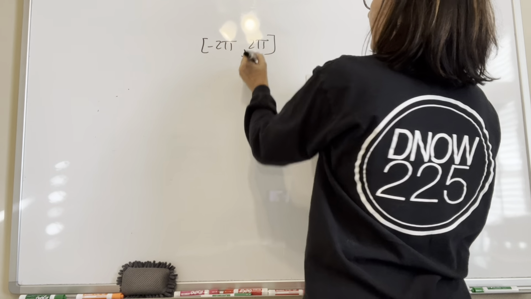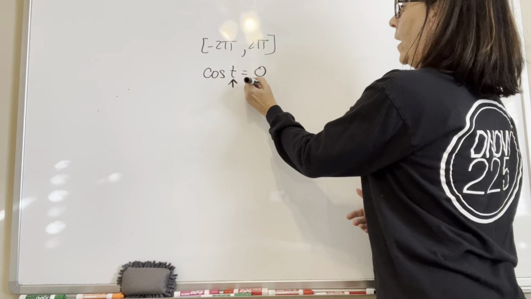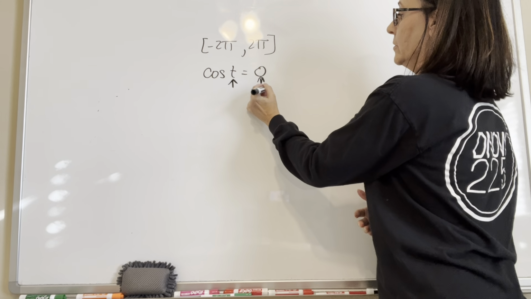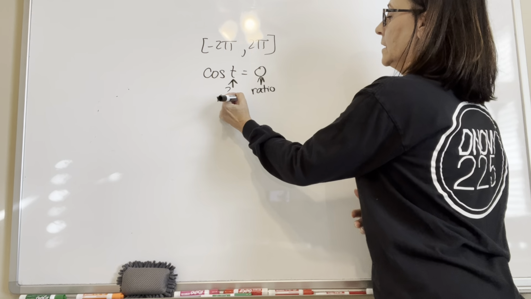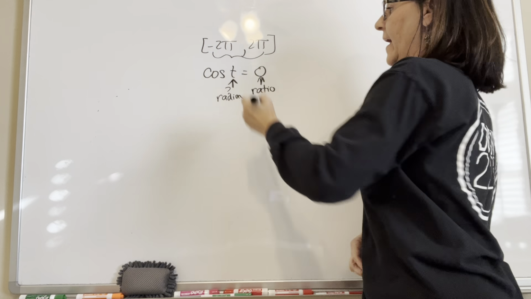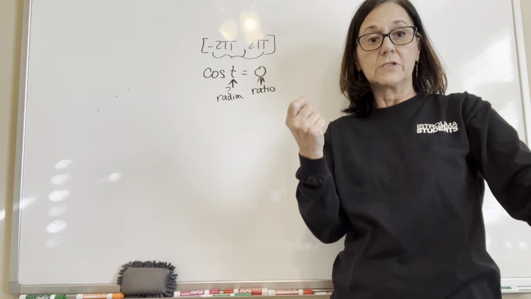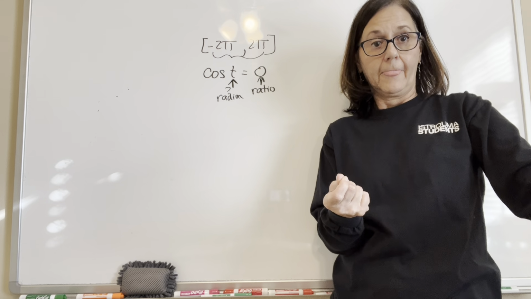All right, is the cosine of t equal to 0? So it's asking for the values of t, the radians, where the ratio is 0. What radians in that interval is the ratio of the cosine 0?